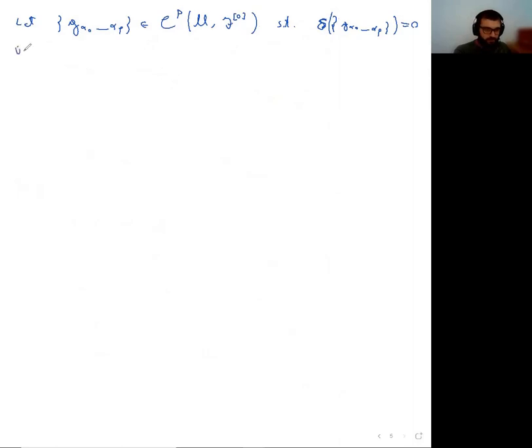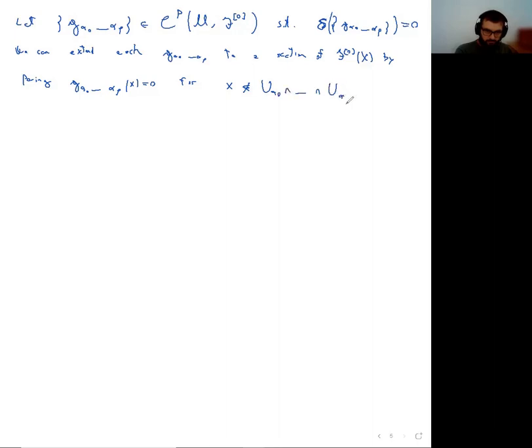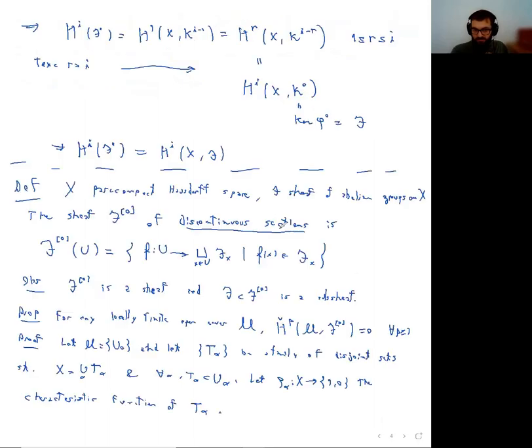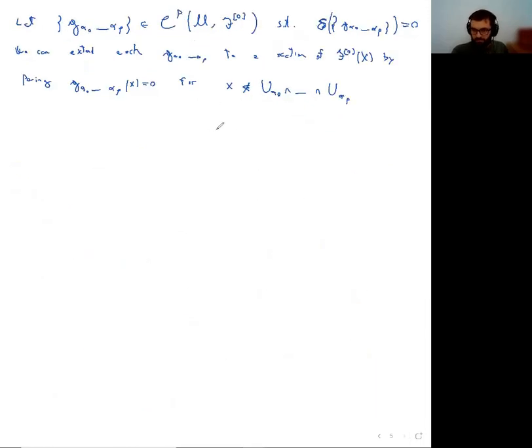Well, first of all, we can extend each g alpha 0 ... alpha p to a global section, which is something you cannot do normally, but here you can just post 0 for x outside. So if you are in this open set where you're defined in principle, you just stay yourself, and everybody else you just post 0. And this is perfectly legal because these sections are discontinuous. You just need that over every point you stay in the stalk. This is a sheaf of abelian groups, so every stalk has a 0. And you just post that.